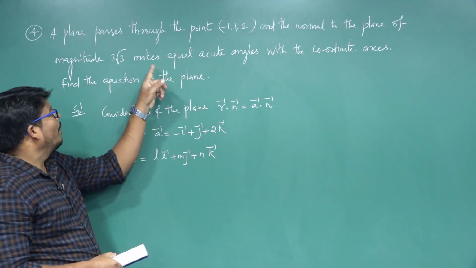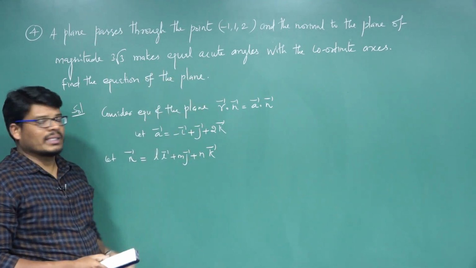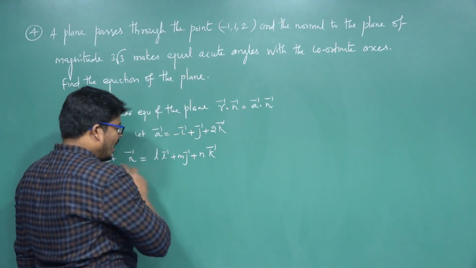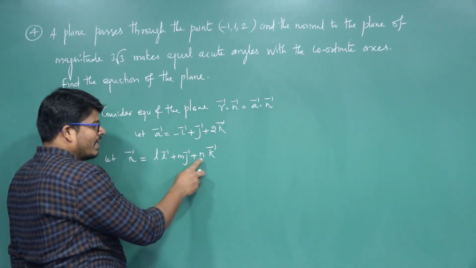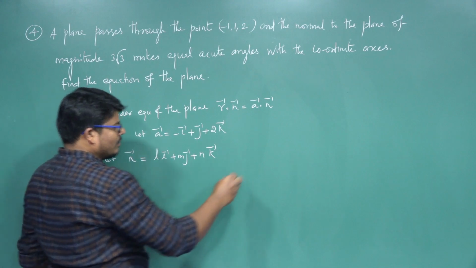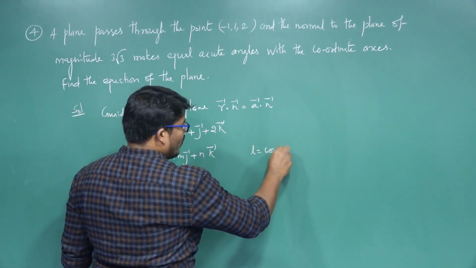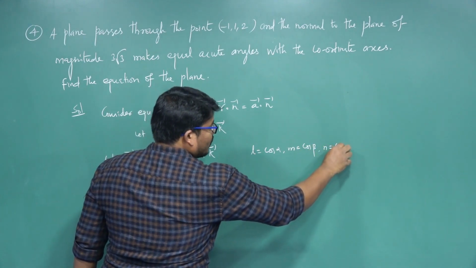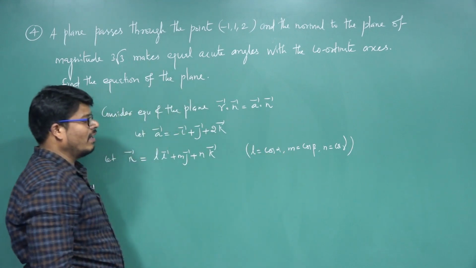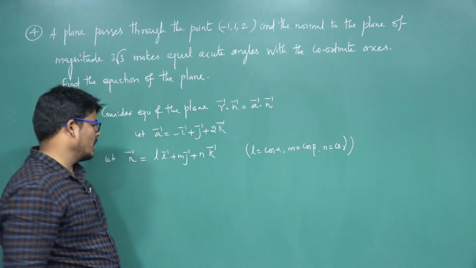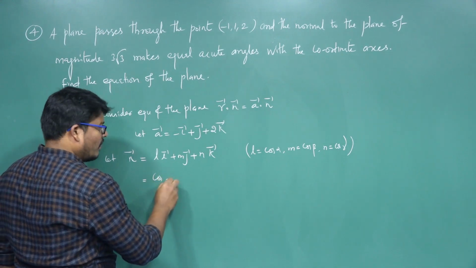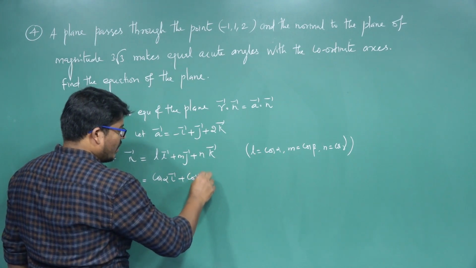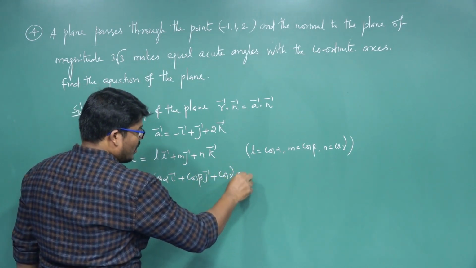The normal vector makes equal acute angles with the coordinate axes, so l equal to cos alpha, m equal to cos beta and n equal to cos gamma. Substituting, n vector is cos alpha i vector plus cos beta j vector plus cos gamma k vector.